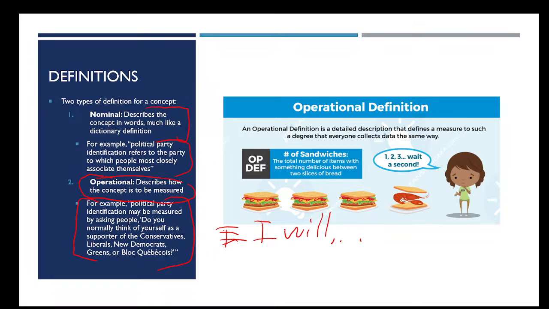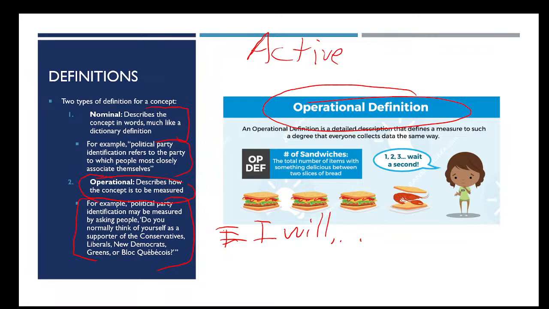Whatever it is you're going to do, however you're conceiving of how you will measure it, your operational definition is going to be you stating how you're going to measure something in active terms. So you will use active language. That's going to be the key to having a good operational definition.